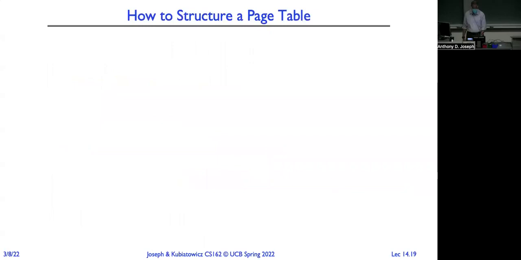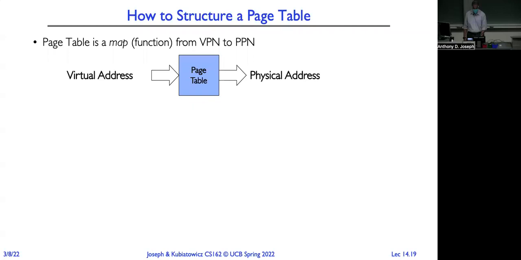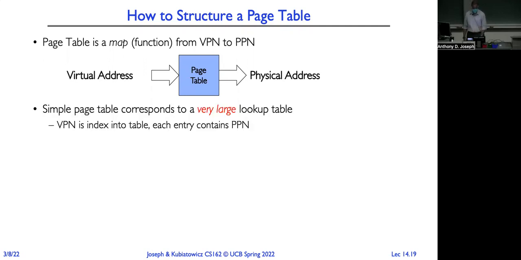So if we think first about what a page table is providing for us, it's just a map from some virtual page number to a given physical page number that we've allocated for that page. We take a virtual address, give it to the page table, and the page table returns the associated physical address.